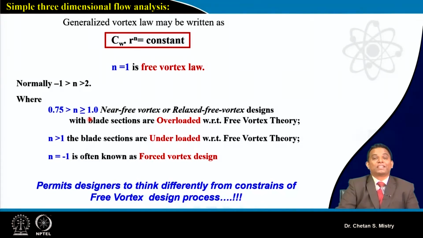We will see where exactly we look for such a configuration. So when I change r to the power n, putting in different values of n creates different kinds of design aspects.